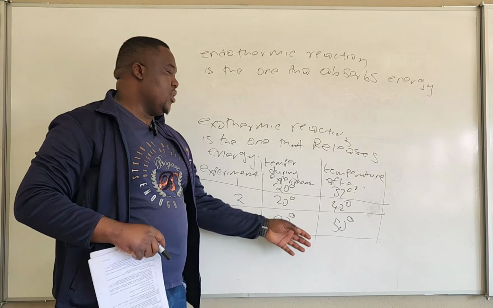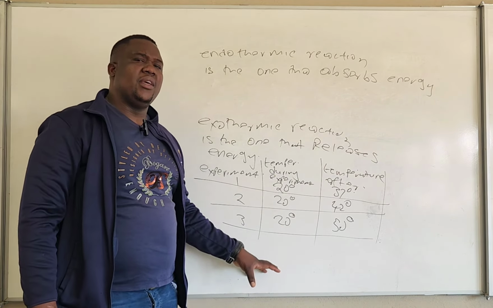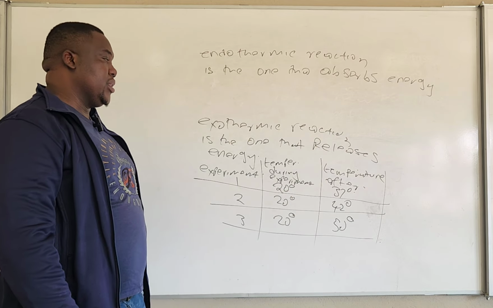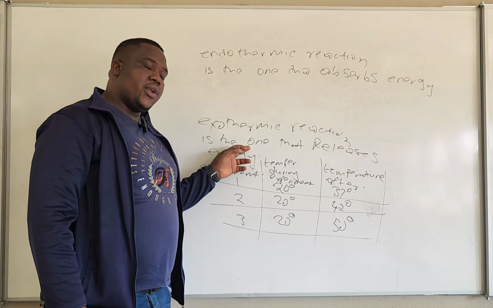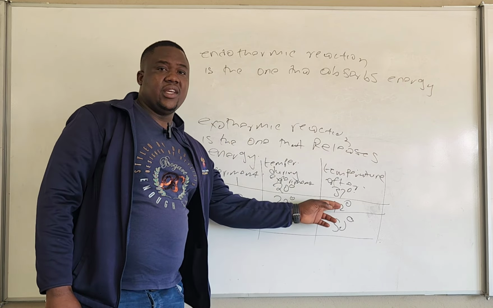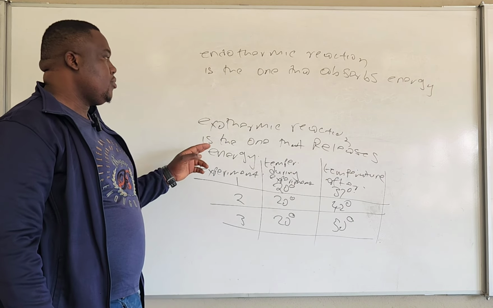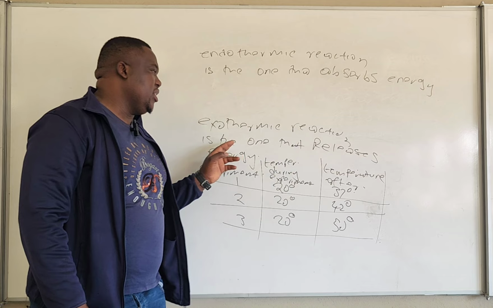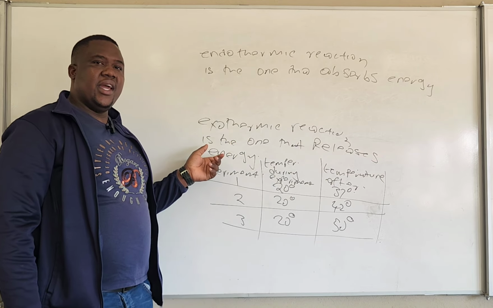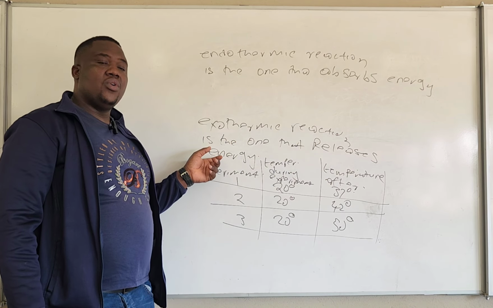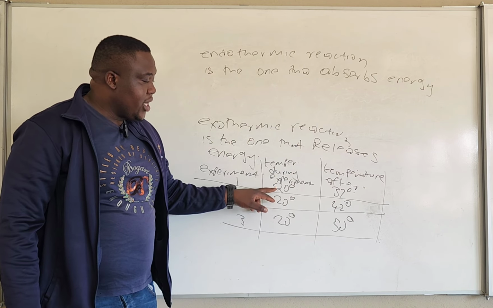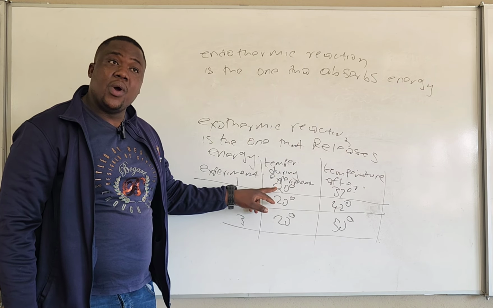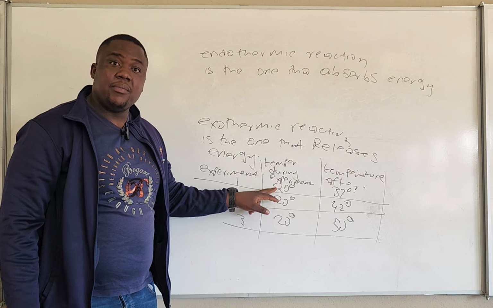Are these reactions endothermic or exothermic? It is very important. These reactions are exothermic. I know someone will say, but there is an increase in temperature. Look, an exothermic reaction is the one that releases energy. So it means that we started with 20 degrees when we were performing our experiment.